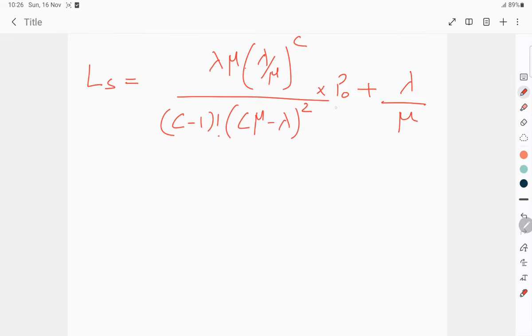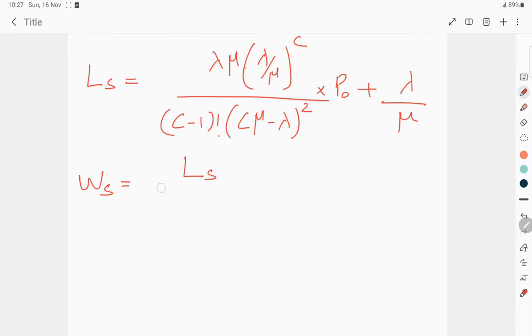We have already studied the equation for P0. If this is clear, then we can find WS from here itself.